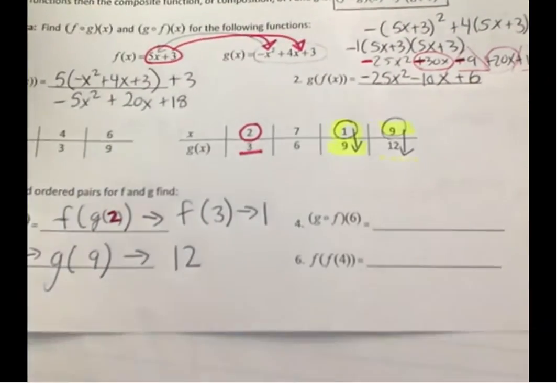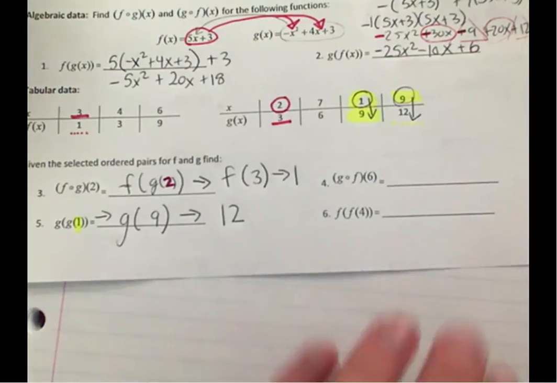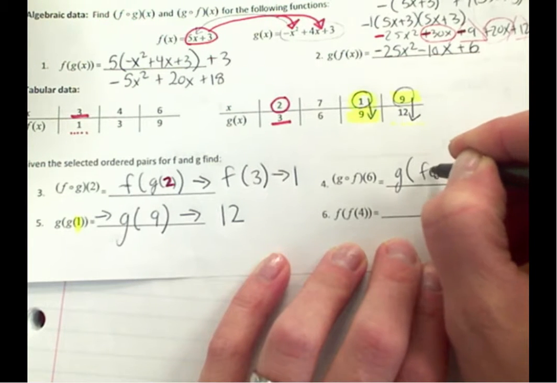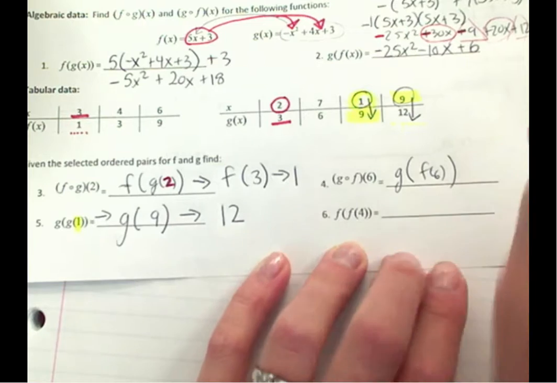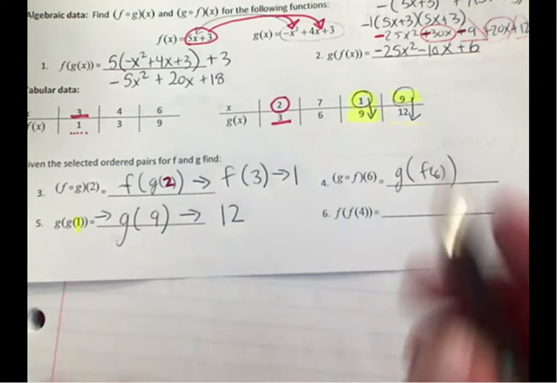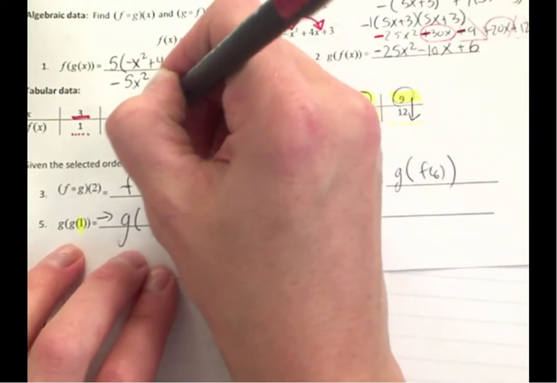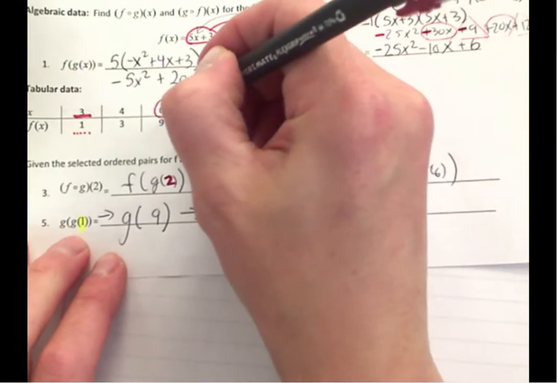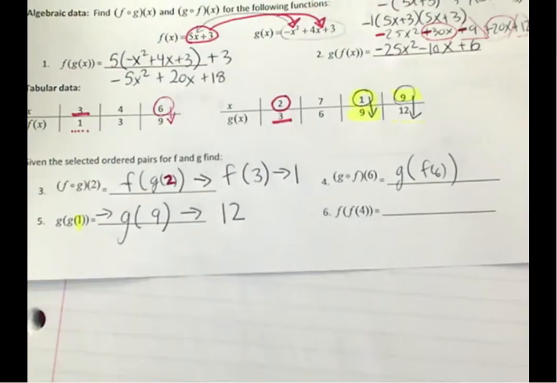All right, let's do G of F of 6. Okay, F of 6. So I'm going to start here. The F table, the input is 6. It's going to take me to 9.